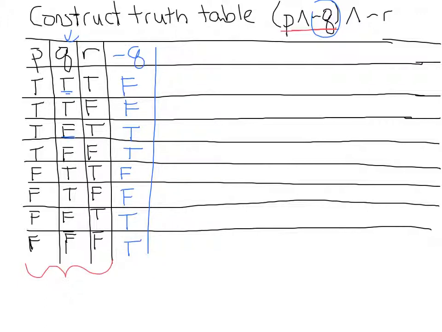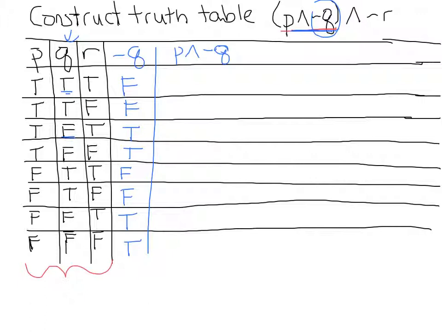Now let's move on to this compound statement right here. P and not Q is only true if P is true and not Q is true.